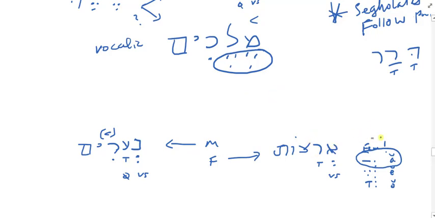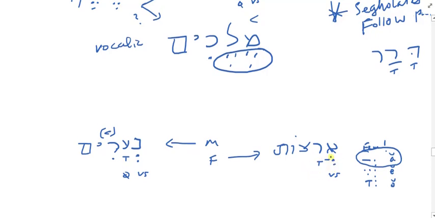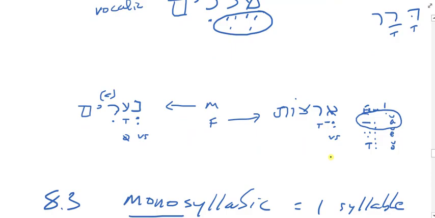They prefer A-class vowels, don't they? And so I'm going to get the A-class compound shava here under the aleph instead of a vocal shava. So it'll be aratzot, like that. Okay, so that'll be the plural for lands, aratzot. Okay, so you see how that works? So that's segholate nouns. So you want to be careful to make sure we're aware of what happens there.